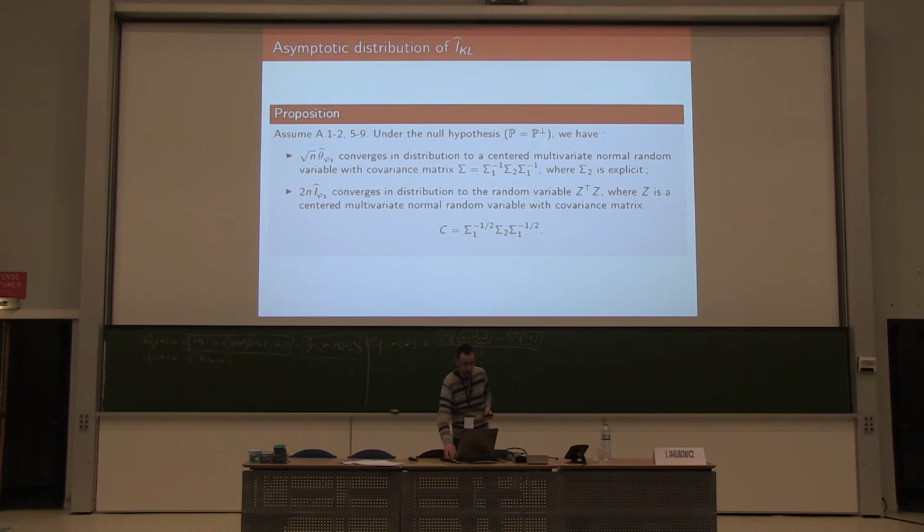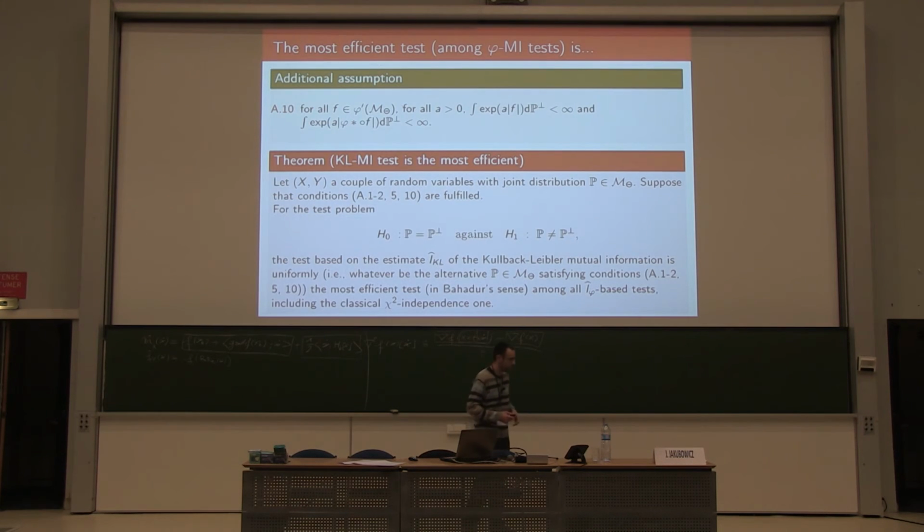The question remaining is, what is the test I have to choose in all this family of tests? A piece of response is the following theorem that states the most efficient test among all mutual information-based tests is the one based on the Kullback-Leibler mutual information, the classical one, in terms of Bahadur efficiency.